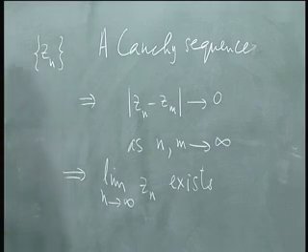Okay. Now as you know, a set of points which includes all its limit points is called a closed set. So if you take the sequence Zn and you include the limit as n tends to infinity of Zn, you include that limit point, then that set is a closed set or a closed sequence.